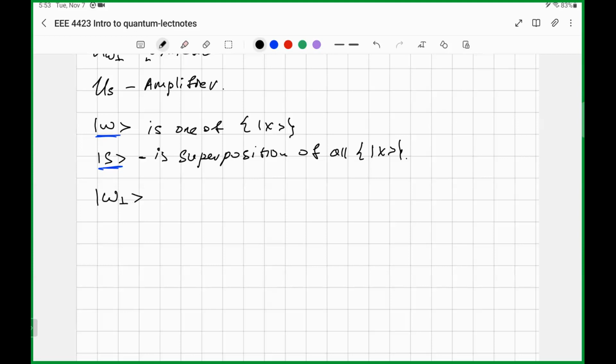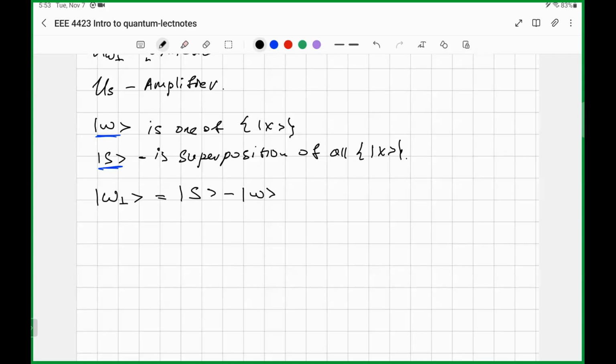So omega orthogonal is given by the subtraction of the state omega from the state S. So state S minus state omega.